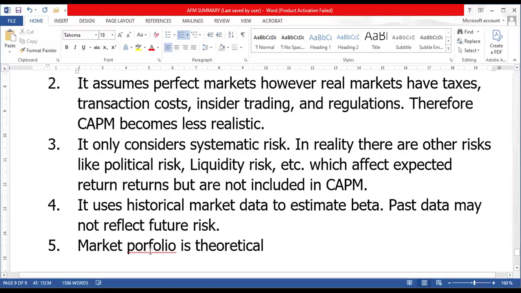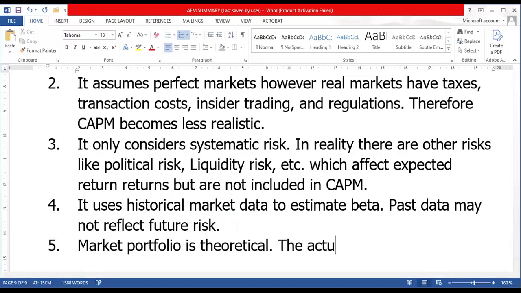It assumes these guys have the portfolios, but it is theoretical. Well, in actual sense, the actual market portfolio cannot be observed.